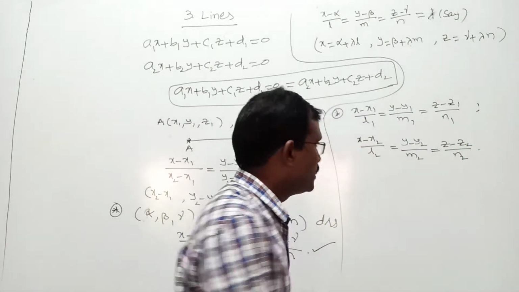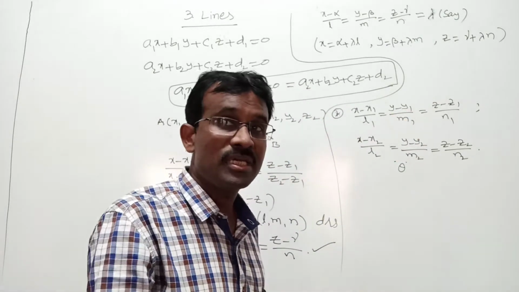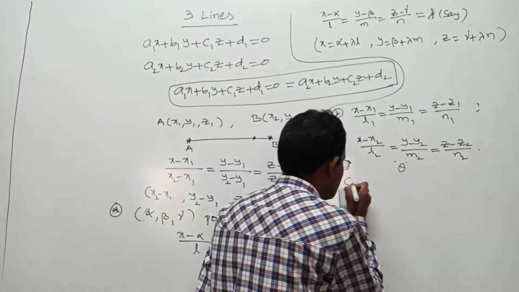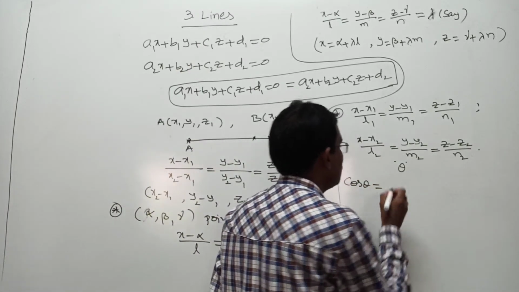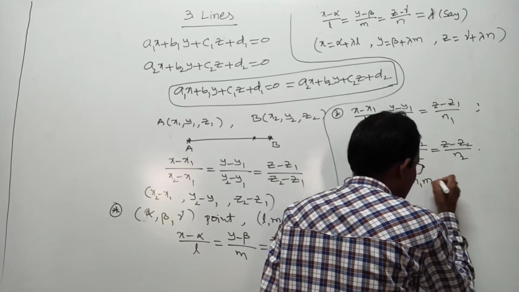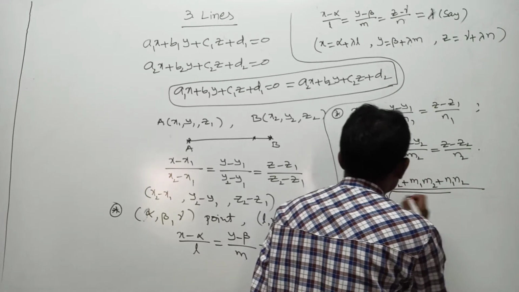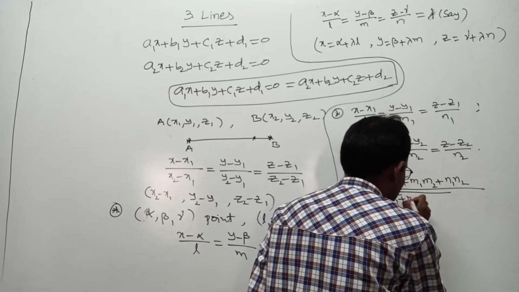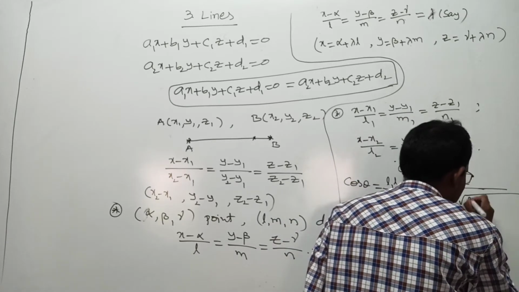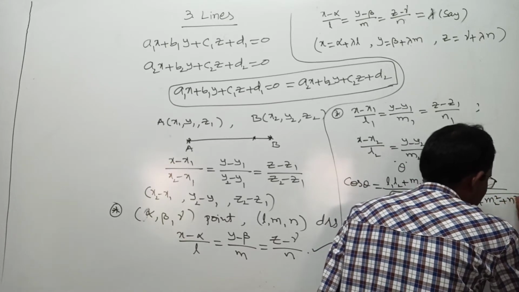If theta is the angle between those two lines, then according to the system of coordinates relation, cos theta is equal to l1 l2 plus m1 m2 plus n1 n2, whole divided by square root of l1 square plus m1 square plus n1 square, into square root of l2 square plus m2 square plus n2 square.